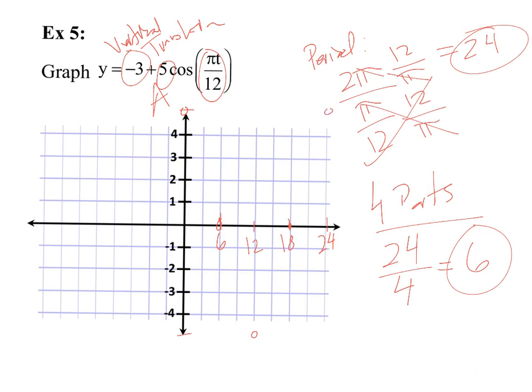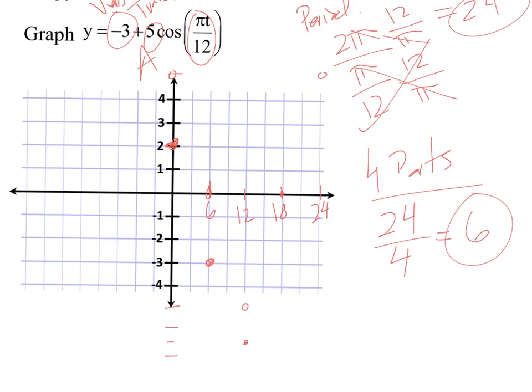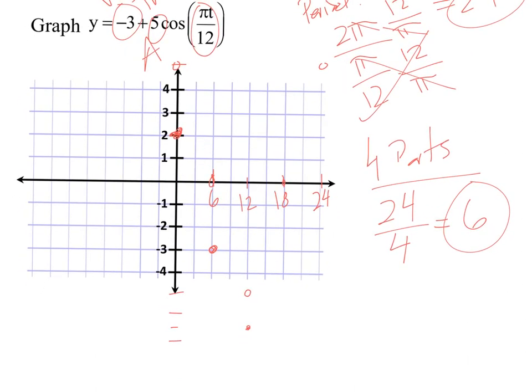Last thing I need to do is apply the vertical translation, move all the points down 3. So then I'm here, and then I'm here, and then I'm all the way down here. And then I'm here, and I'm here.